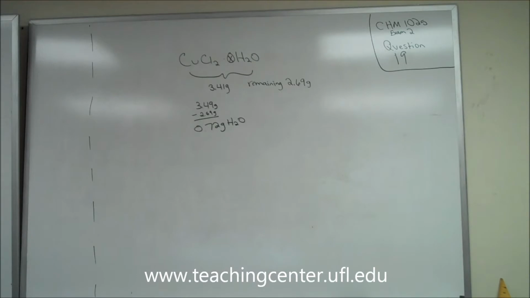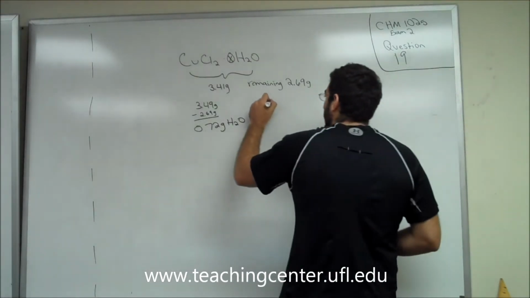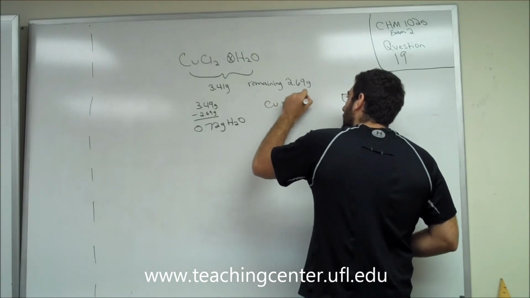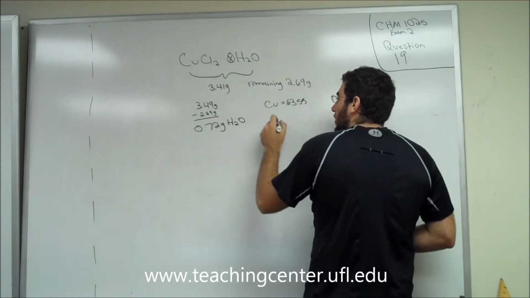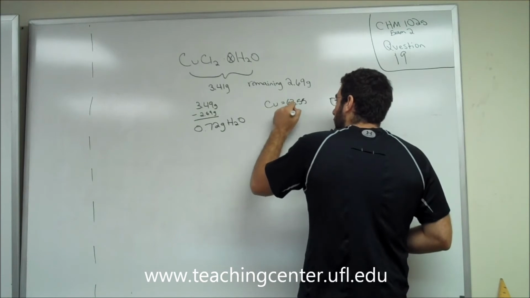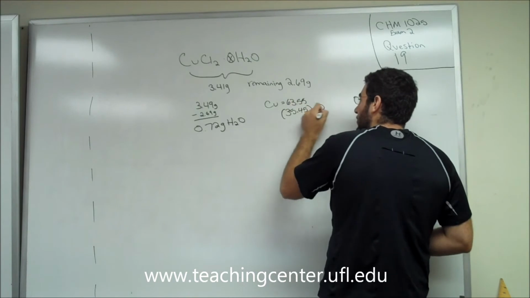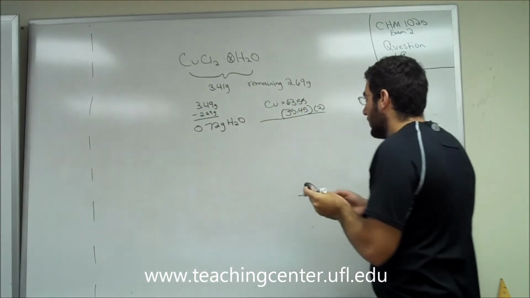Going to my periodic table, when I look up copper, we see that copper has a molar mass of 63.55. And chlorine has 35.45. I'm going to multiply this by 2 in order to get the molar mass of the copper chloride.